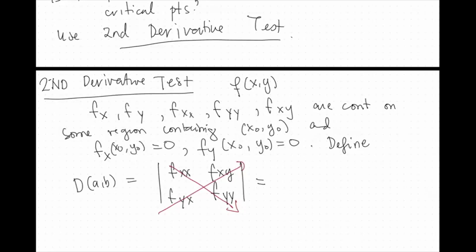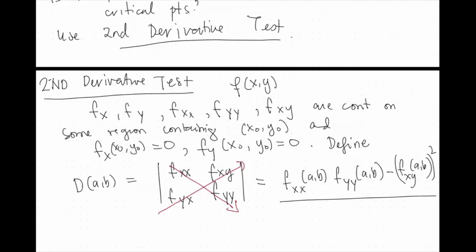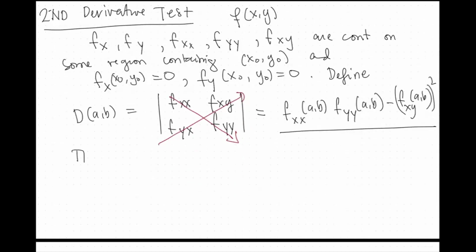So here we get fxx at (a, b) times fyy at (a, b) minus fxy at (a, b), and then you square this last term. So this is just this times this, like multiplying by itself. And then we have the following conclusions.